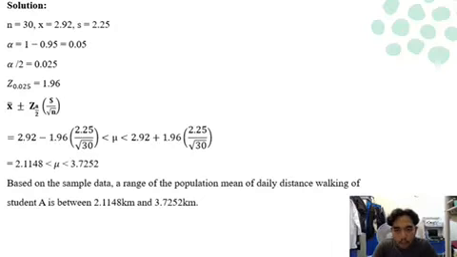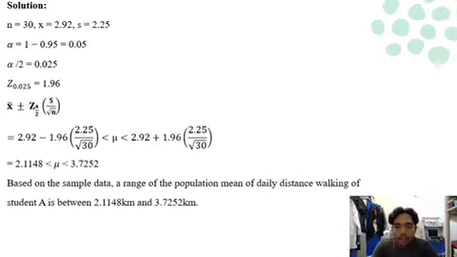Okay, we continue. So alpha we must divide by 2, we get 0.025, to find the z value, and we get the value of 1.96.